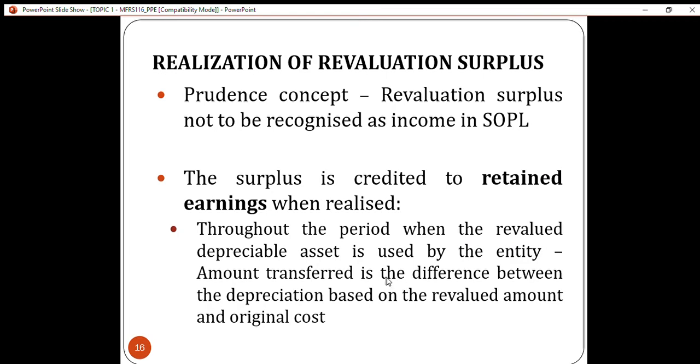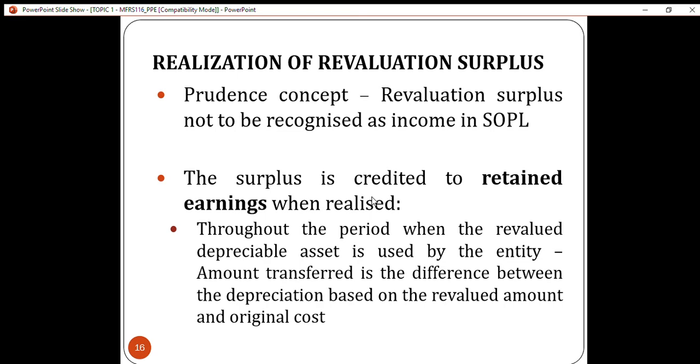Alright, this is about the realization of revaluation surplus. Based on the prudence concept, the revaluation surplus is not to be recognized as income in the SOPOL. The surplus is credited to retained earnings when it is realized. The surplus is credited to retained earnings only when it is realized.